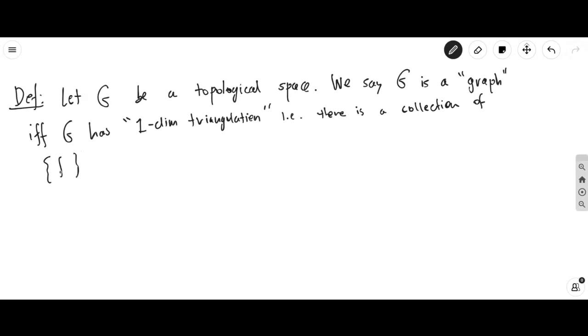I'm going to call these mappings F subscript lambda instead of F subscript I, because I do not want to confuse the indexing set with the unit interval.